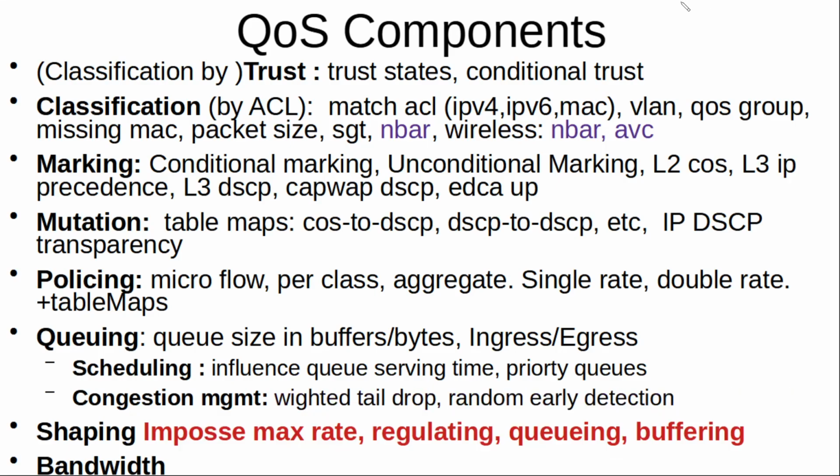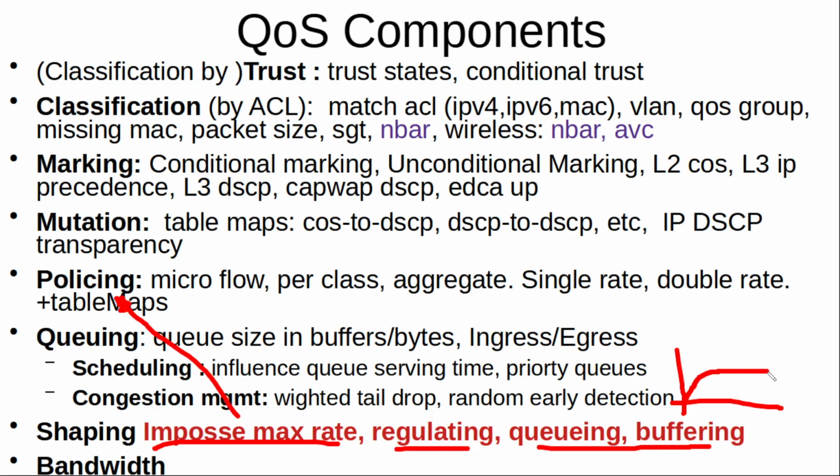And let's go for the next quality of service component, which is shaping. Shaping means imposing a max rate, regulating the traffic, queuing it, and using buffering in order to store your traffic. Remember that we are also imposing a max rate with policing, but with shaping, we are going to have a more smooth traffic behavior, because you're using queues and buffers in order to store your traffic, and you can actually smooth the way that you send your traffic out an interface.